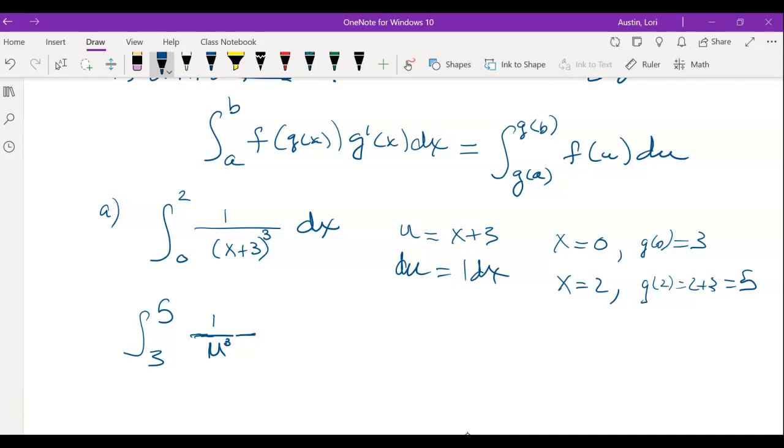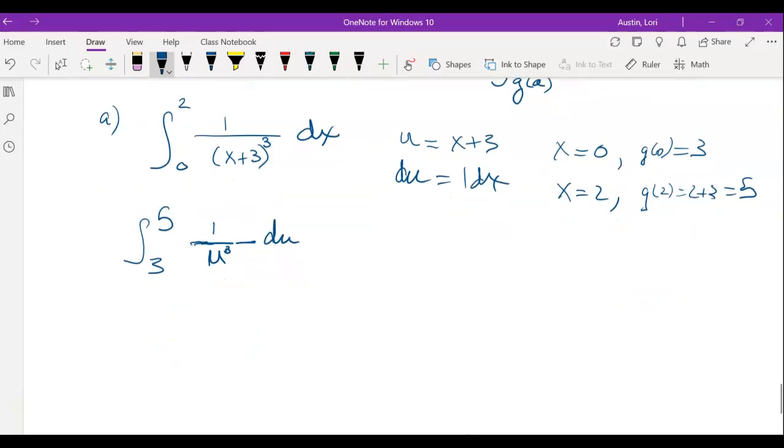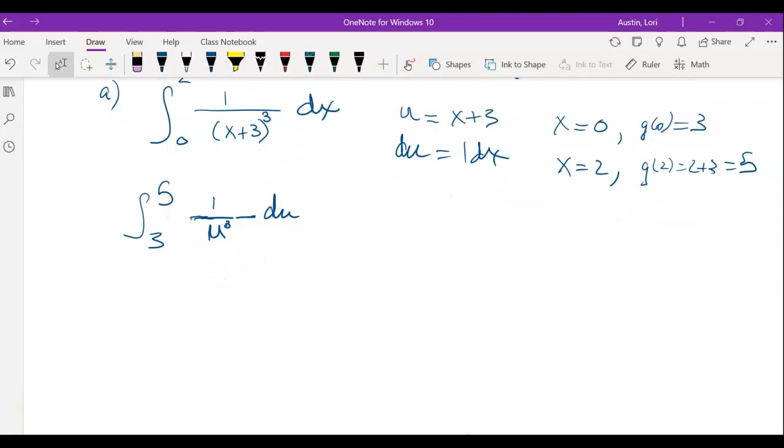And then my dx gets replaced with du. Okay? That's a 3, yeah, because a 3 is up there. You just have to finish that integral.